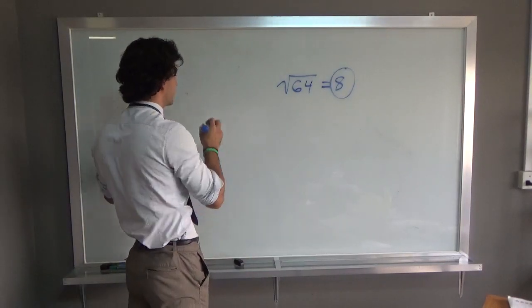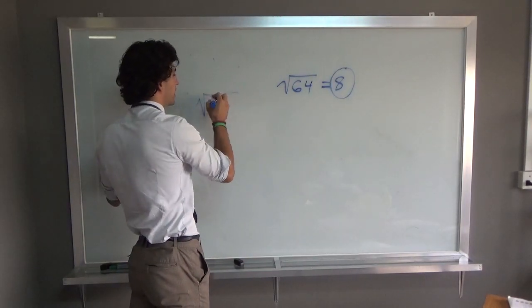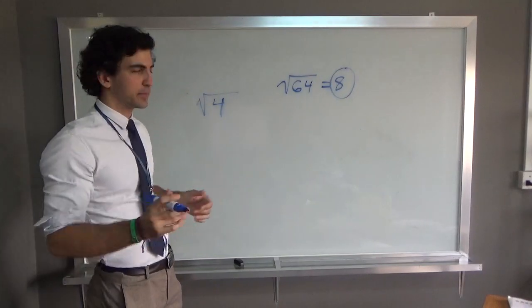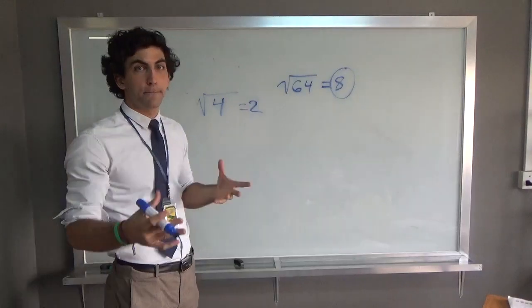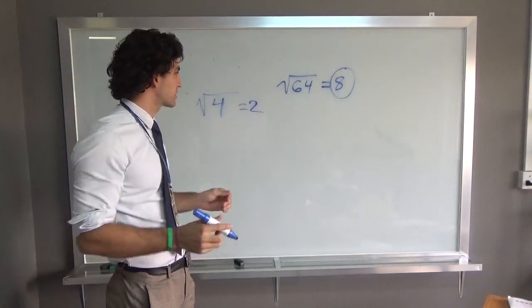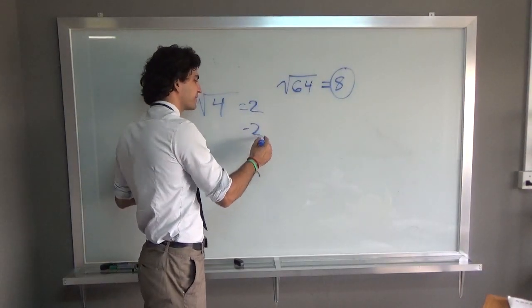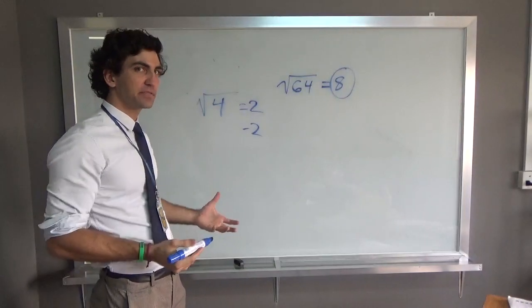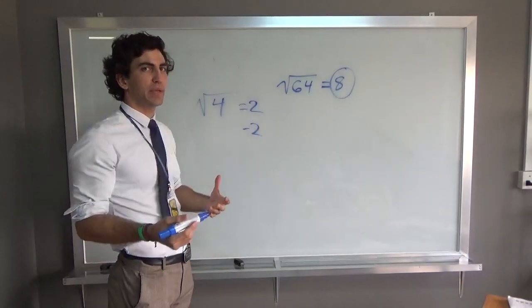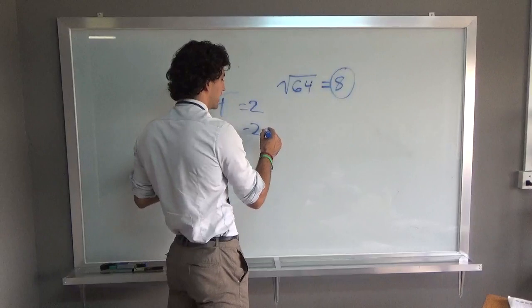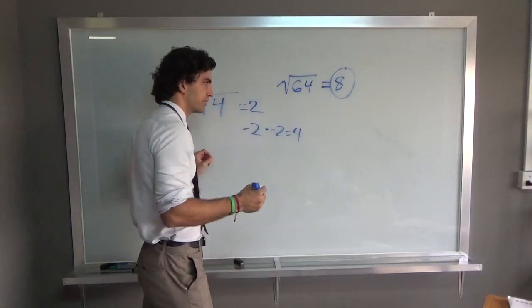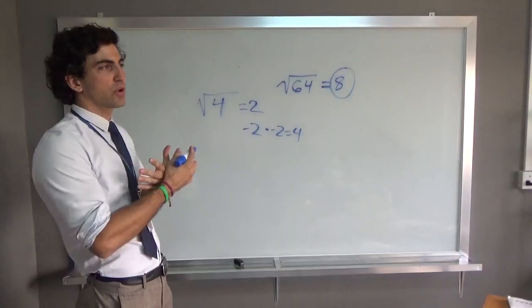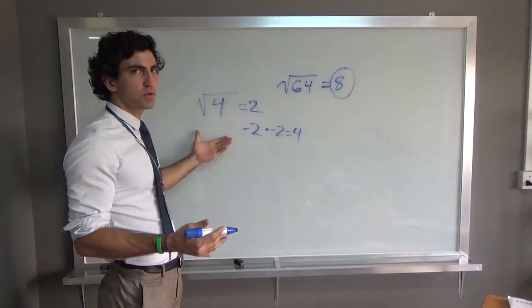So if I want to find the square root of 4, for example, normally we could just say 2, but there's another number that also works, -2, because -2 times -2 will be positive 4, right? -2 times -2 equals a positive 4. This happens for most of the square numbers.